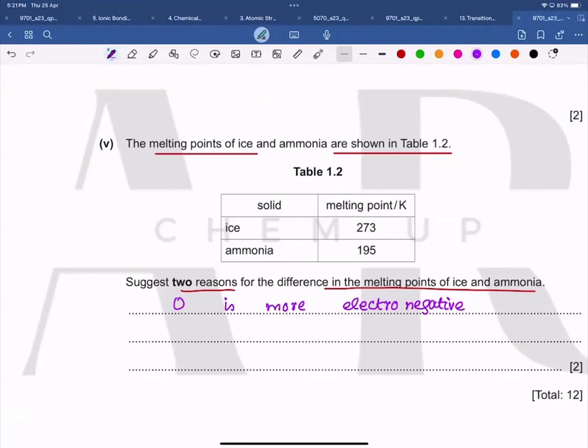There are two hydrogen atoms in a water molecule, and there are three hydrogen atoms in the ammonia molecule. But one water molecule forms two hydrogen bonds, and one ammonia molecule forms only one hydrogen bond.